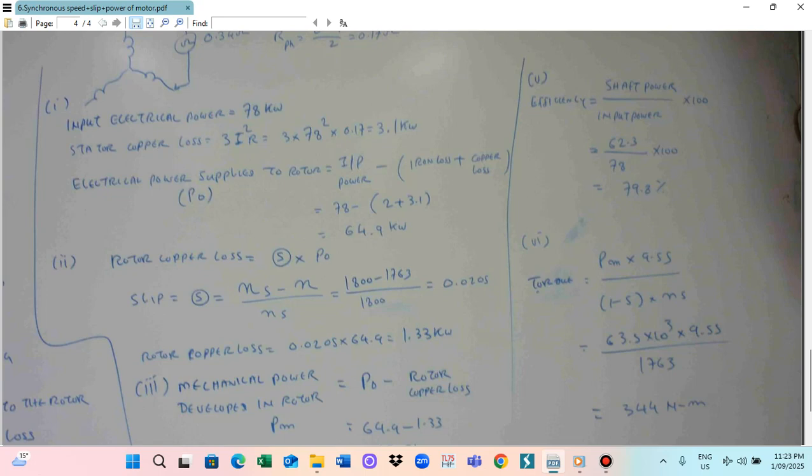Okay, so finally we also need to calculate the torque. The torque formula is given here. Torque is equal to PM multiplied by 9.55 and divided by the rotor speed.